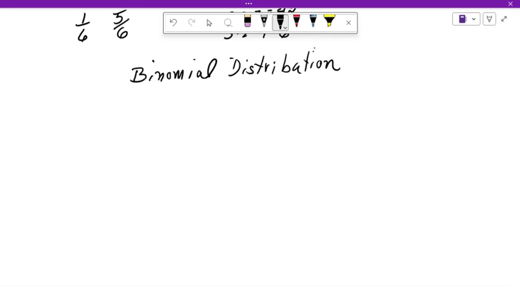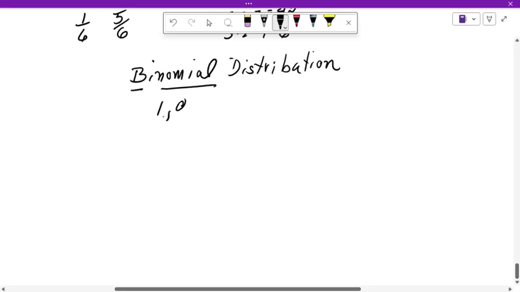The binomial is literally 2 names. Binomial. The outcomes are this or that. 1 or 0. Left or right. Up or down. Blue or red. Heads or tails. Or a particular number compared to all the other possible numbers. P is equal to the probability of success.